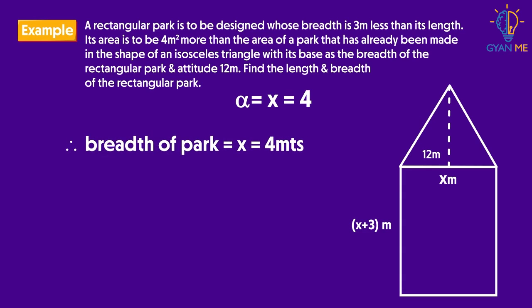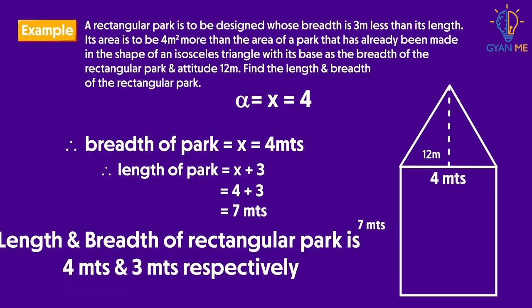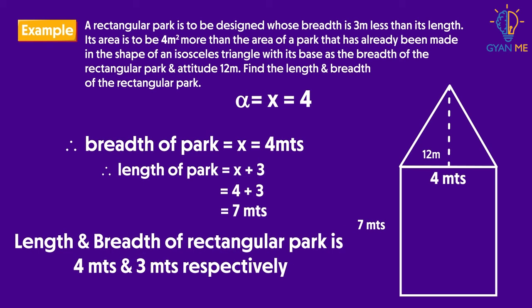Therefore, the breadth of the park, which is equal to x meters, is 4 meters. Now putting this in our expression for the length of the park, we get x plus 3 equal to 4 plus 3, which is 7 meters. So therefore, the length and breadth of the rectangular park are 7 meters and 4 meters respectively.